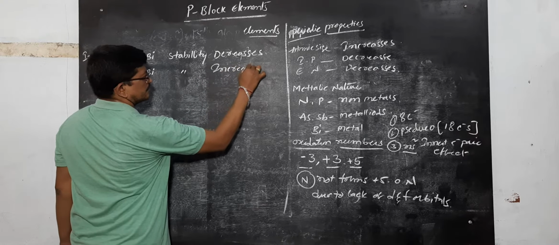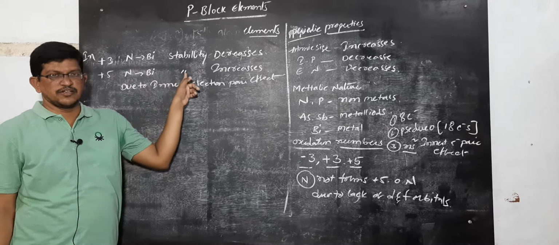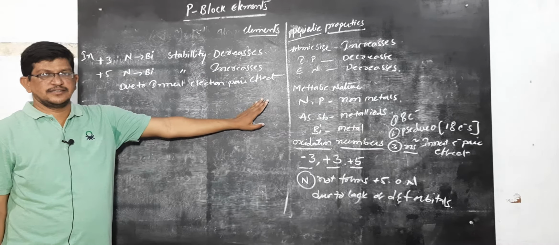Why? Again the same reason, the inert electron pair effect. Due to this, +3 stability decreases and +5 stability increases.